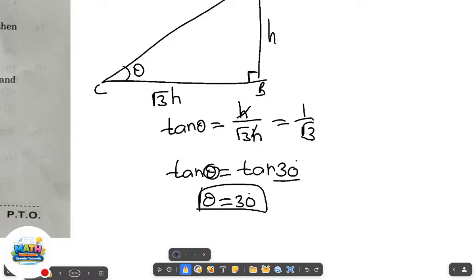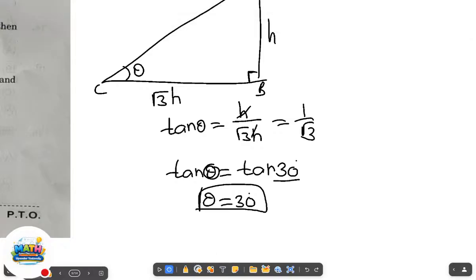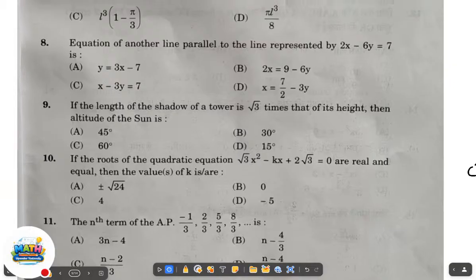So this is the right answer. Let's check the answers. Theta is 30 degrees, so for the ninth question, option B is the right answer.